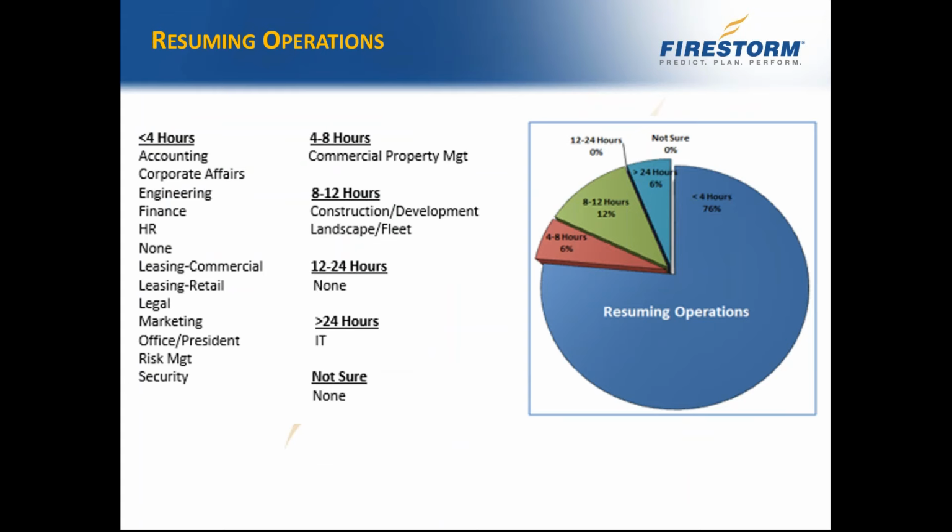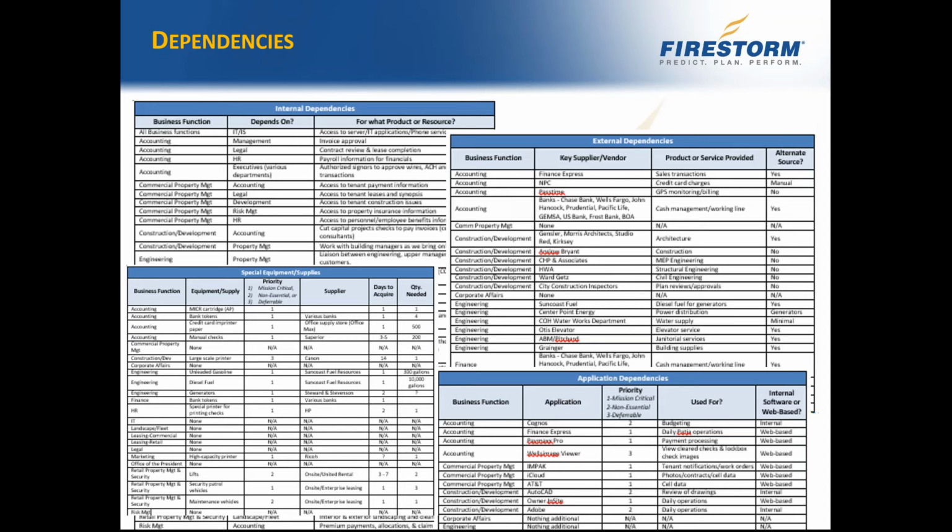The dependencies you'll see here for a company: accounting depends on management for invoice approval. If you look at external dependencies, accounting depends on Finance Express for sales transactions, and is there an alternative source?